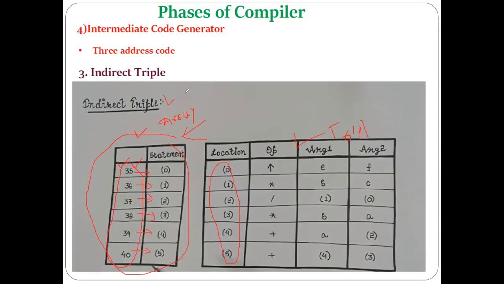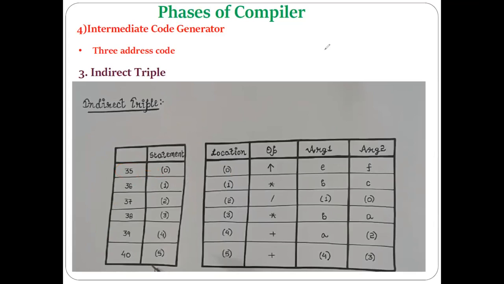This is nothing but the indirect triple representation. What will happen because of that? If the pointer is 35, directly position number 0 will be referred, and from that the particular processing result will be referred while machine code generation takes place.